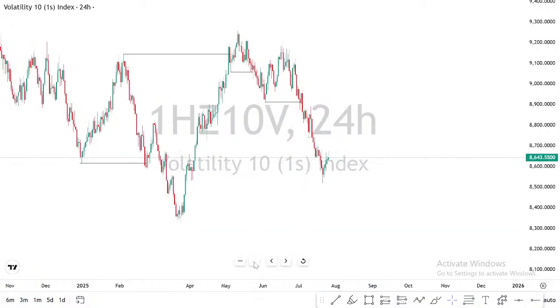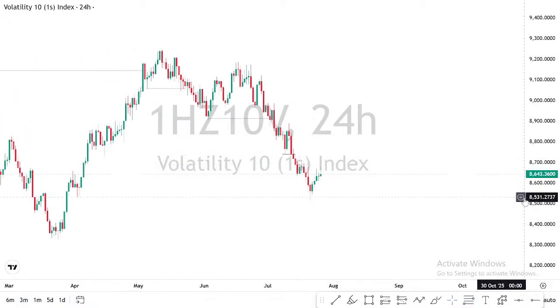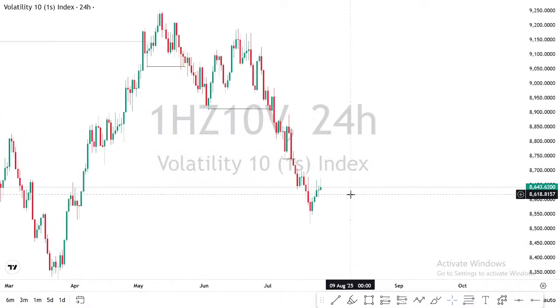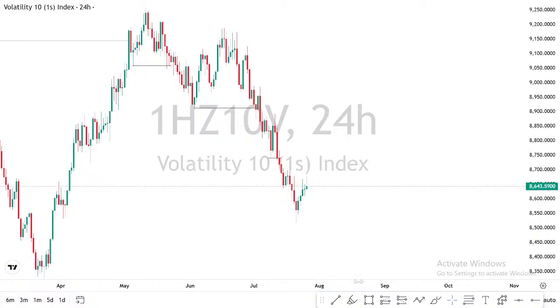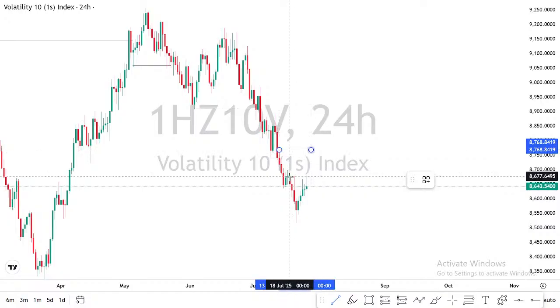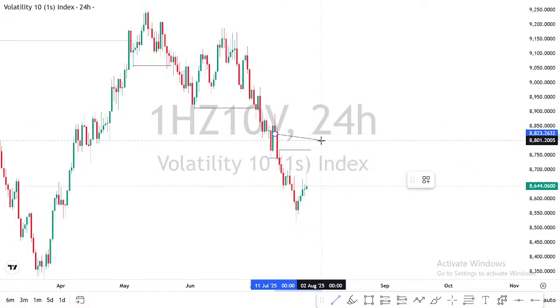Let me mark out that fair value gap before I proceed to my lower time frame. This is our fair value gap.